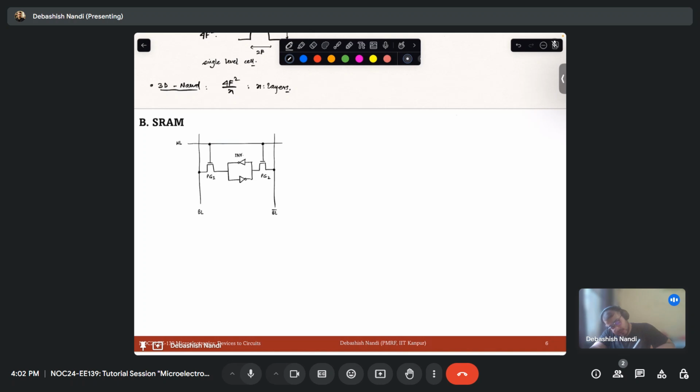This is your inverter 1, this is your inverter 2, and let's call these nodes N1 and N2. Note that N1 and N2 are the storage nodes.